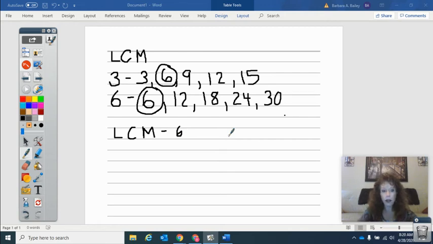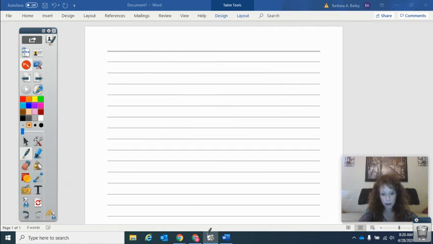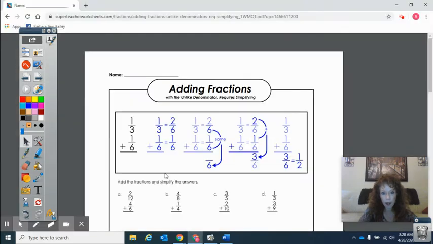Okay, so I'm going to erase this, and now I'm going to go back to the example on our worksheet. So if I make an arrow, go back here, they changed 1/3 into 2/6 because we know that 6 is the lowest common multiple, so it's going to be the lowest common denominator. And they multiplied 3 times 2 to get 6.